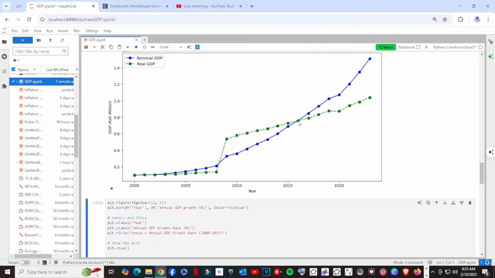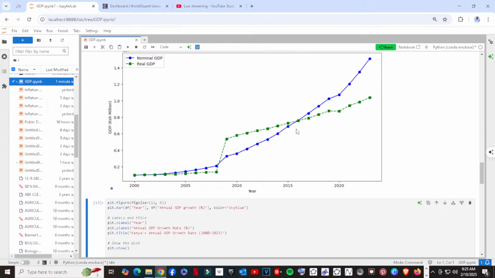So probably what we need is to understand what it means for nominal GDP and real GDP to differ. Real GDP is adjusted for inflation, while nominal GDP is not. So that's the difference here. Real GDP already takes care of inflation, but nominal GDP, the blue line, is not adjusted for inflation.